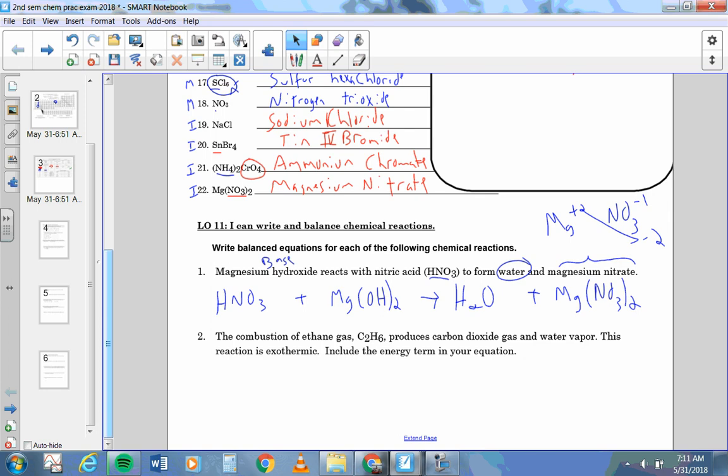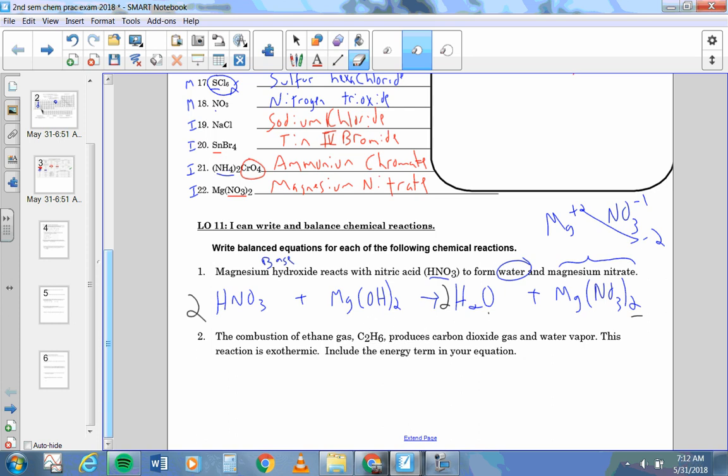That sounded confusing. I'm not going to draw a little chart for this. I'm just going to look and say, since I got 2 nitrates over there, I'm going to need a 2 over there. Since I now have 2 H's and 2 OH's, sometimes I write this as HOH. It doesn't change anything. It just tells me I need 2 of those. That is all balanced right now.